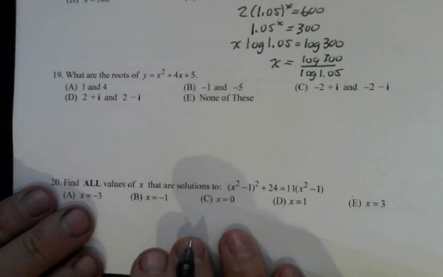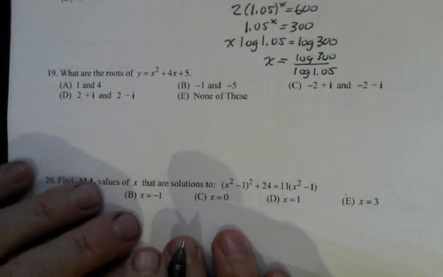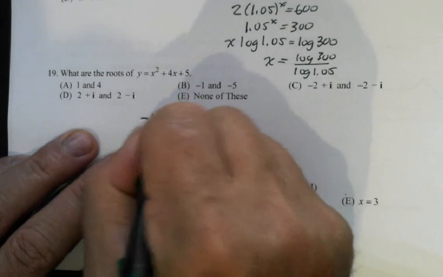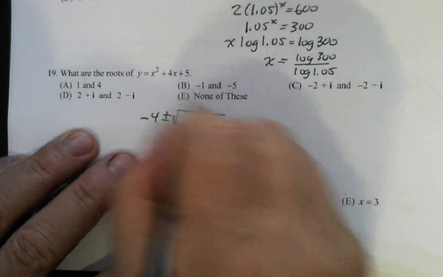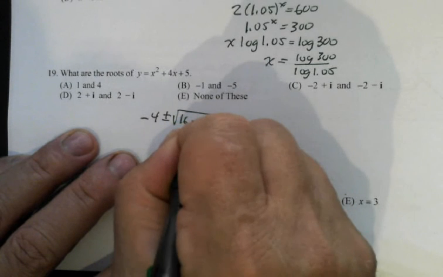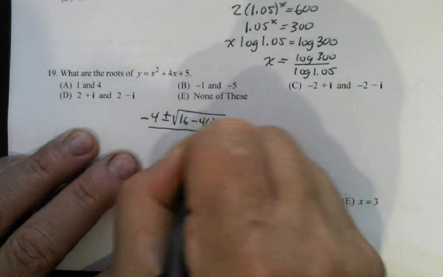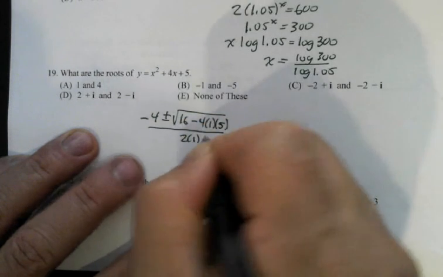Okay, we're going to find our roots. This one's kind of sneaky because it looks like it factors, but it doesn't. So, use quadratic formula. You have negative 4 plus or minus the square root of b squared, which is 16, minus 4 times 1 times 5, all over 2 times 1.